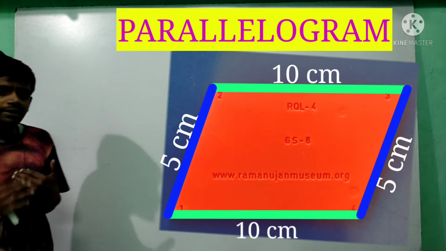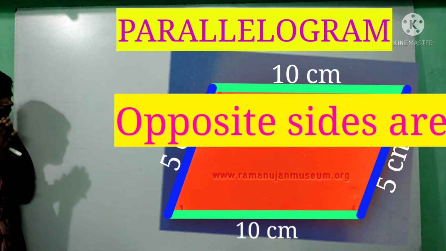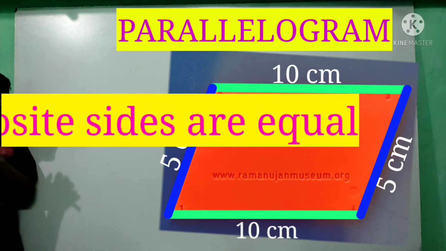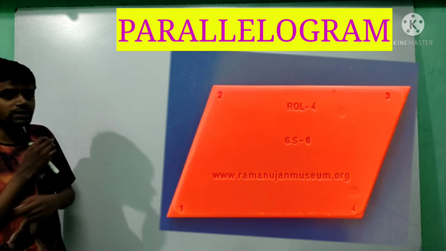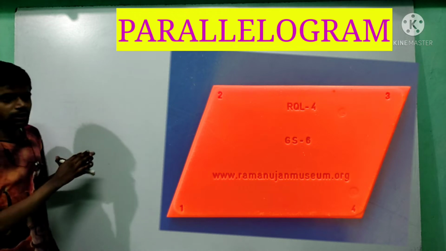In a parallelogram, opposite sides are equal. Now let's move towards the second property of parallelogram.